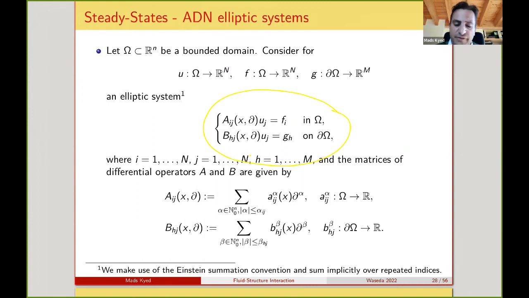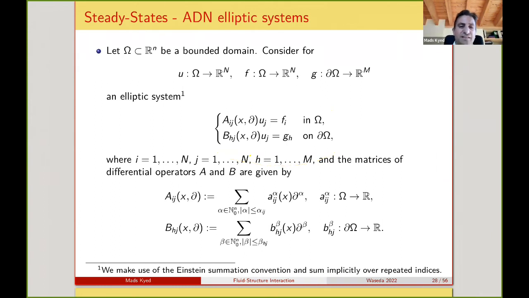Obviously, that's how you would state a theorem in this general case. But when we look at the Lamé system, at least if you think about our fluid structure problem in the container, we actually have two different sets of boundary operators depending on which boundary we are at.